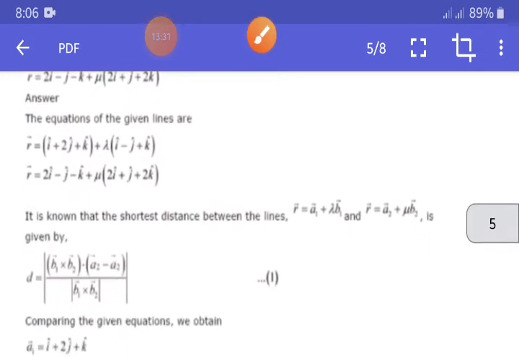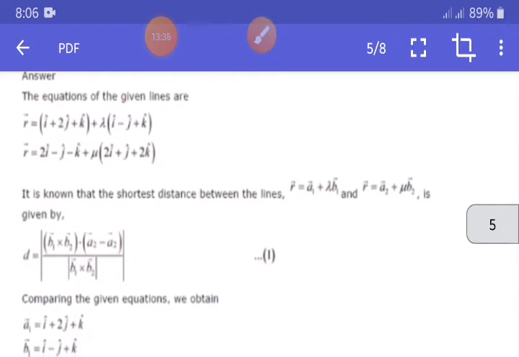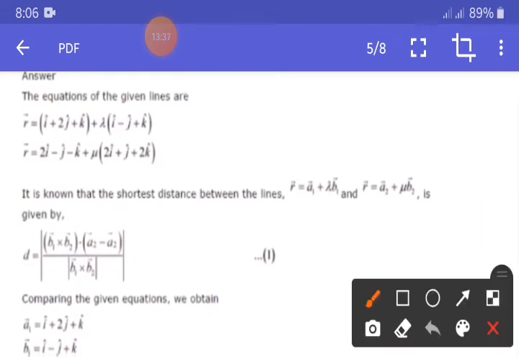The equations of the given lines are as stated.